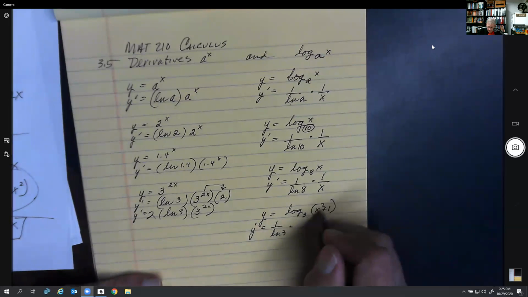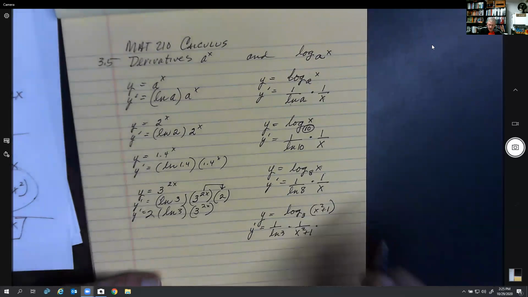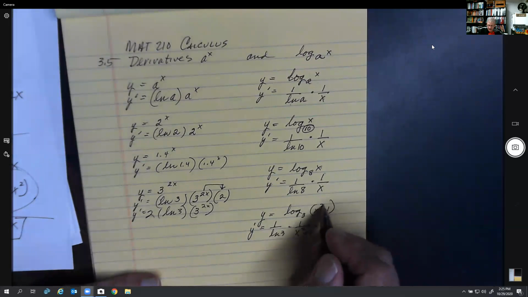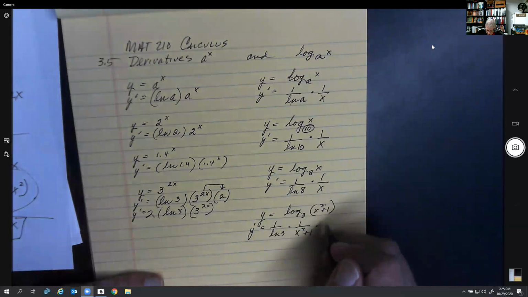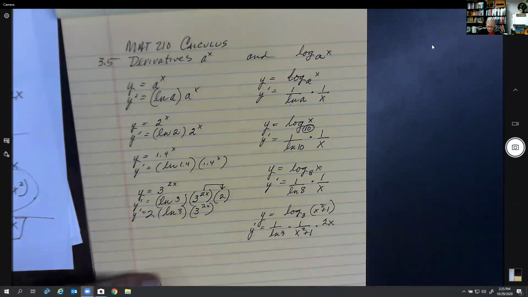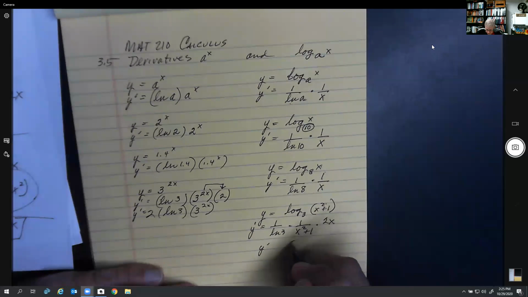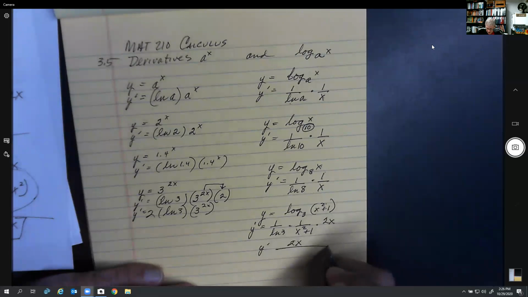Times 1 over this quantity, plus I would assume now we have to do the chain rule. So we have to take the derivative of the inside of the parentheses, which would be 2x. And that would be your answer. Or you could just simplify it to 2x over the natural log of 3 times x squared plus 1. Maybe something like that.